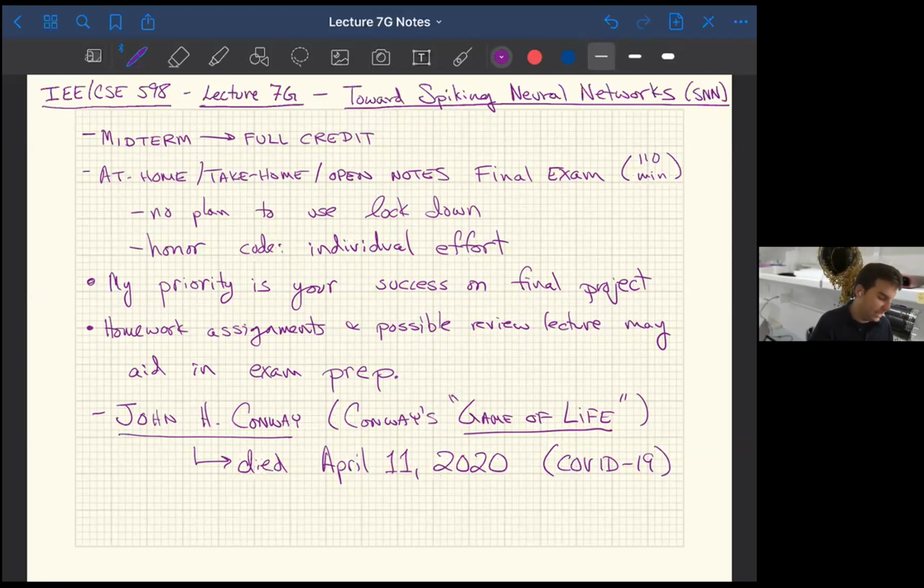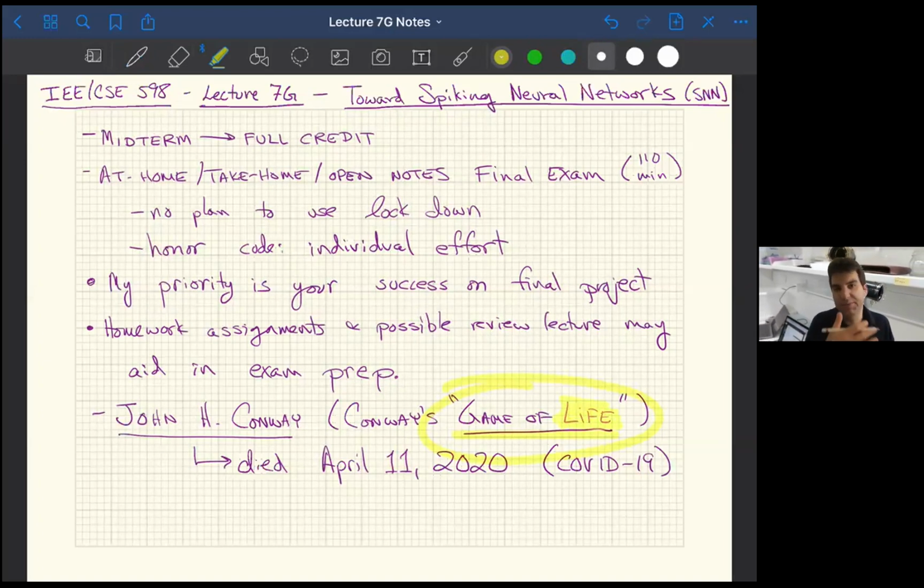And the interesting thing is, although he's well known for this Game of Life, he actually did not view it as a model for life, and he got frustrated with people trying to take insights from the Game of Life to look at life itself. So he's maybe a more practical guy than you might think, very outspoken guy. And it's very sad to hear that we've lost this personality from the computer science and mathematical community.